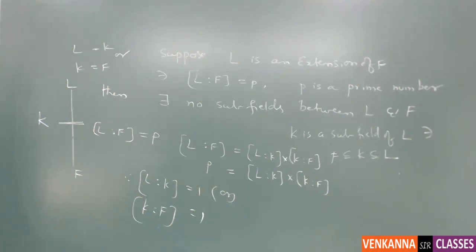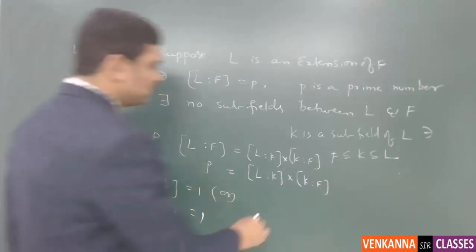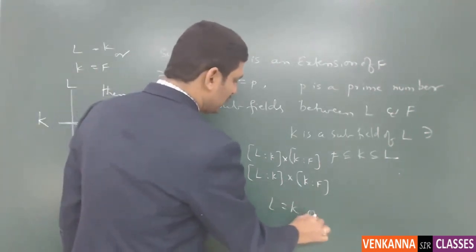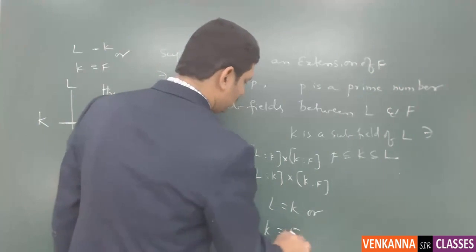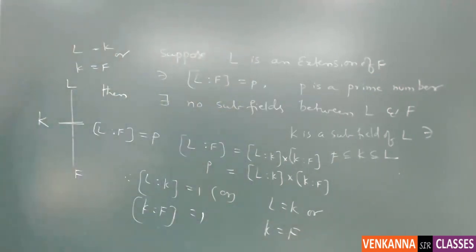So, whatever the possibility you take, L is equal to K or K is equal to F. It means that there is no subfield between F and L. In this way we prove the result. Please observe that. So after taking the note, please inform.